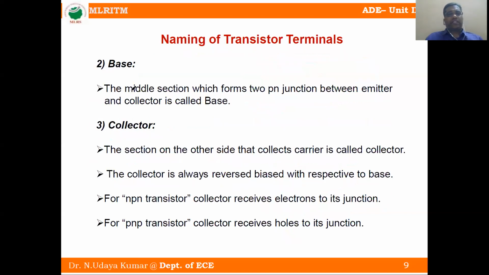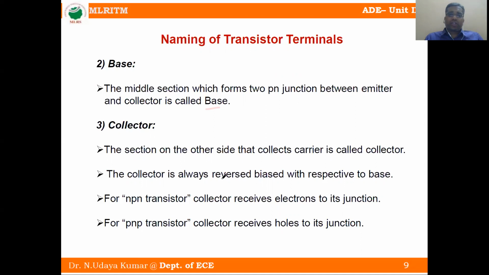Next, the base. The middle section which forms two p-n junctions between emitter and collector, we call it the base. What do you mean by collector? The section on the collector side that collects the carriers is called the collector. So the emitter emits, the collector collects the carriers.